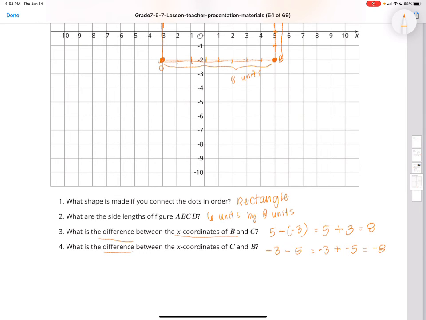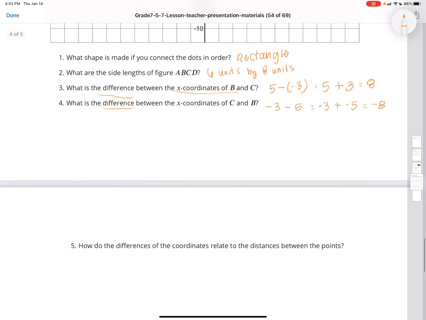Okay, so for question 5, it says, how do the differences of the coordinates relate to the distances between the points? It says, and this is directly out of the book, the absolute value of the differences is the distance.